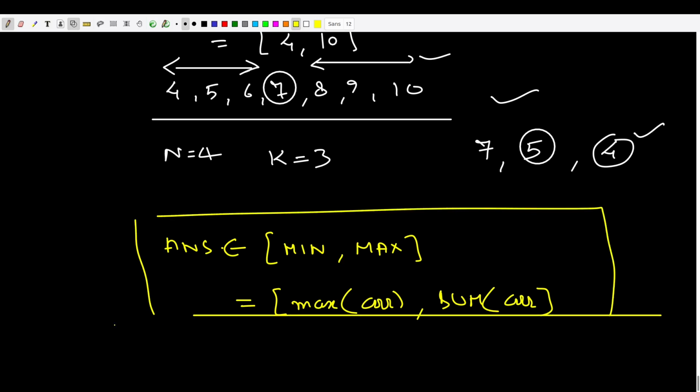Okay, so once we have understood this, now let us look at how we are going to check whether any element from this set is satisfying our solution. Let us take an example and see how, from the list of probable answers, we are going to check whether the probable answer is satisfying our condition or not.